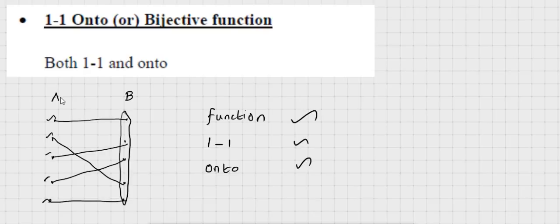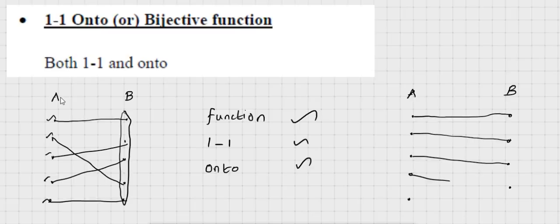Otherwise it is not at all possible. See, for example, if I am taking 5 elements here and 4 elements here, now I am defining a function like this. Is this a function? You can say this is one-to-one and onto.